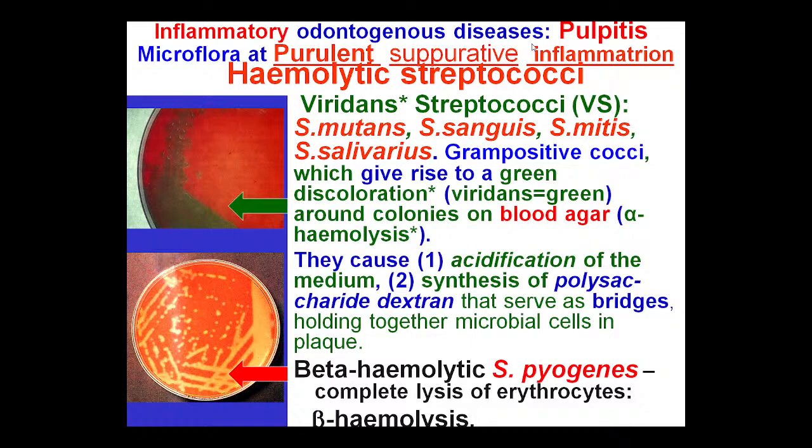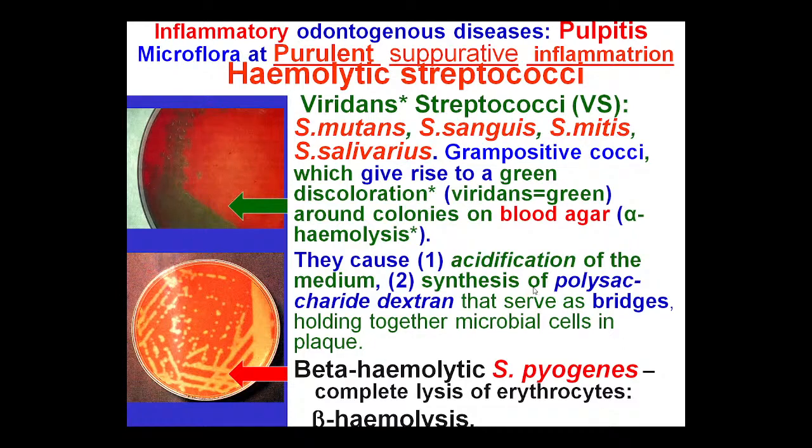Streptococci that cause particular diseases, such as pulpitis and purulent inflammation, are hemolytic streptococci from the group viridans streptococci. And they give rise to a green discoloration of the blood agar around the colonies.